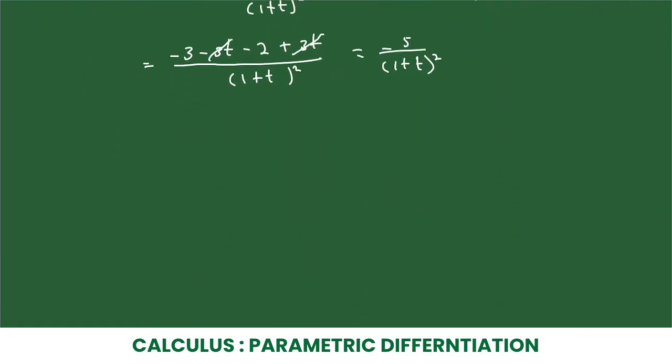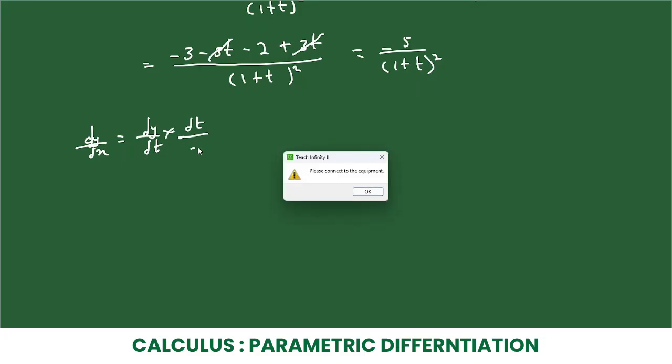So our dy over dx is equal to dy over dt times dt over dx, right? We know our dy over dt.